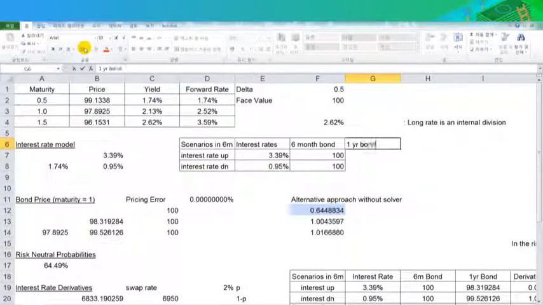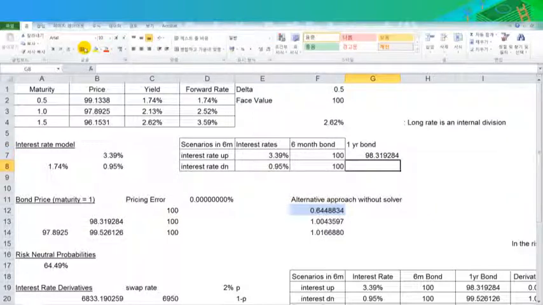The price of the 1 year bond in 6 months later, we have two possibilities. When interest rate goes up, the 1 year bond price is $98.319284. When interest goes down, the bond price goes up, higher than this one.